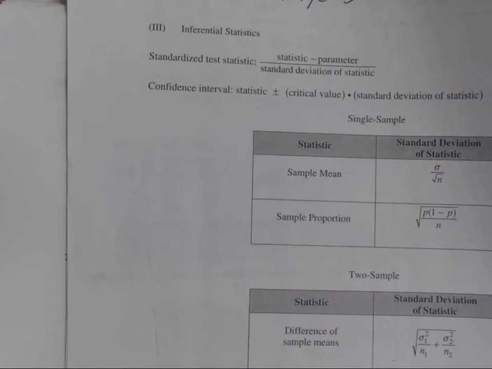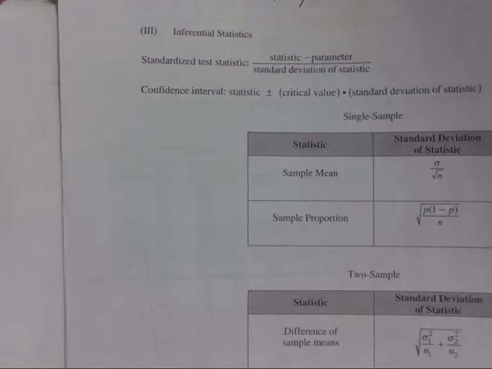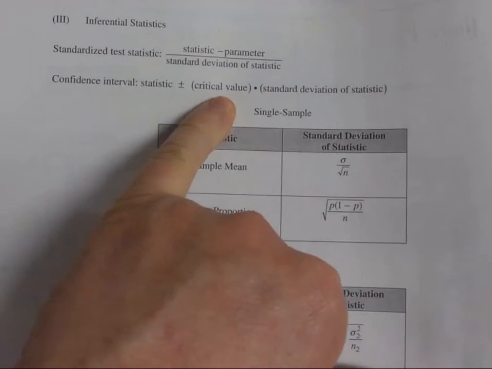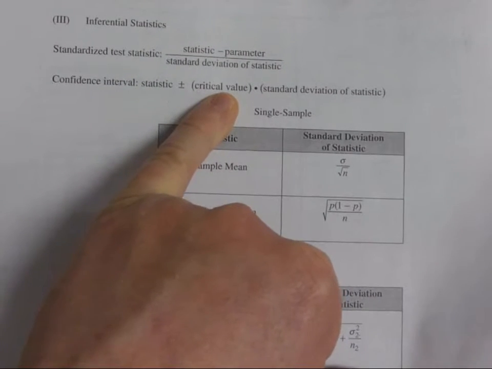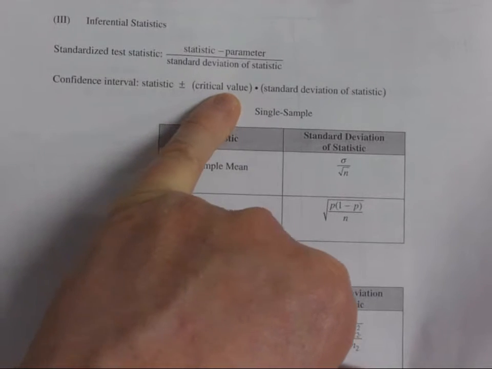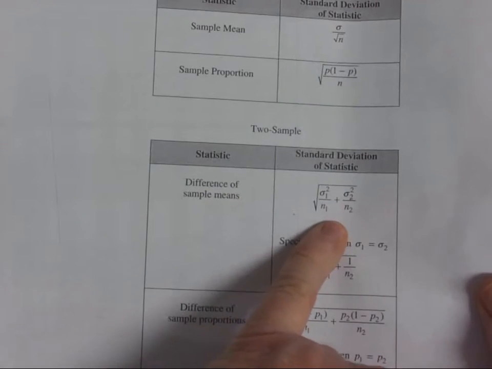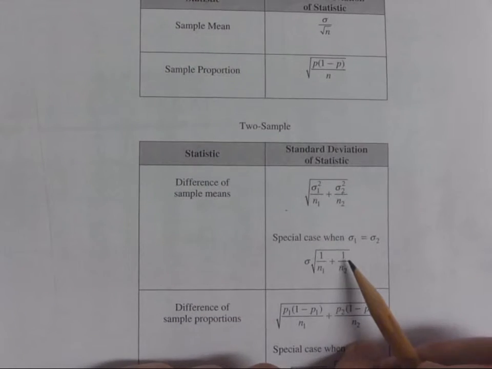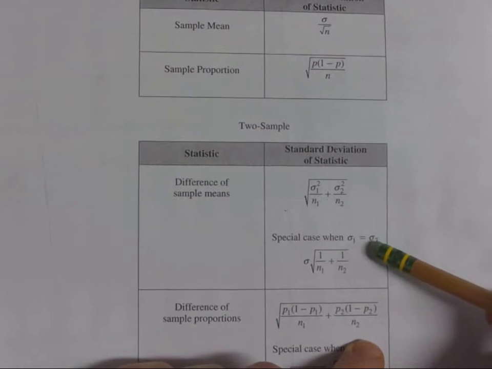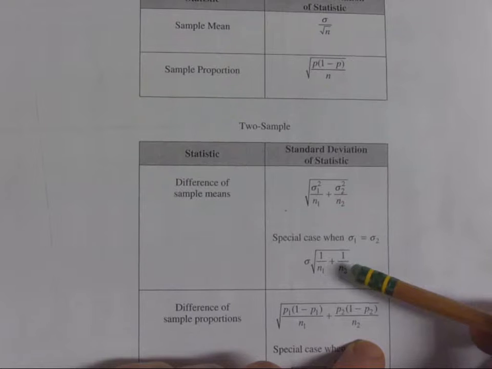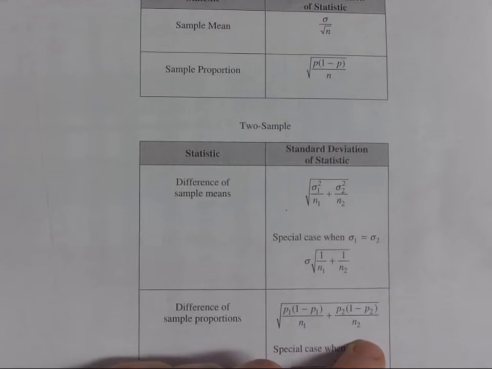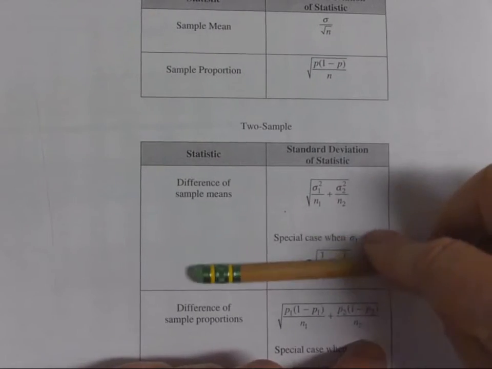I used, let's see, C and N, but anyway, then our critical value is now going to be a t star, okay? We got to talk about that. All right, and then standard deviation of the statistic is going to be this guy here. We'll never use this, by the way. The special case where sigma 1 is equal to sigma 2, and that's not a part of the AP Stats curriculum. I don't know why it's on the formula sheet, but just pretend like it's not there.